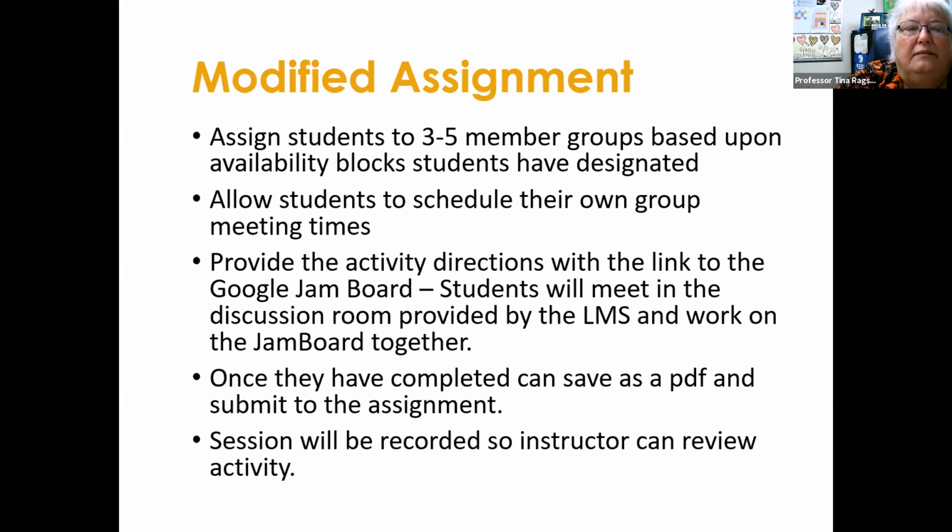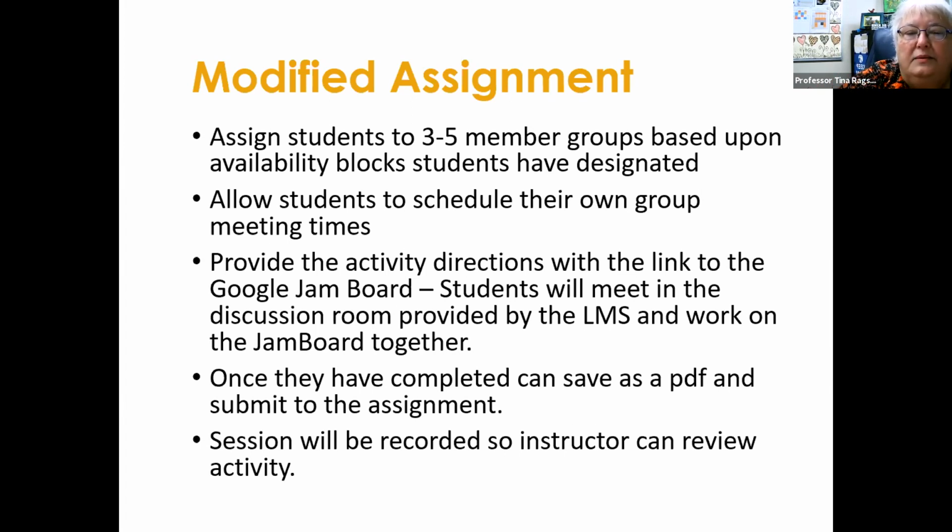I'm going to do a quick survey at the beginning of the class and find out students that have kind of available times, like who would have mornings on weekdays available, who would have evenings on weekdays available, who has times on weekends available, and divide them up in groups of maybe 3 to 5 at the most. And then once they're in groups, then they can pick their times to meet together. And I'm going to give them little activities they can do together.